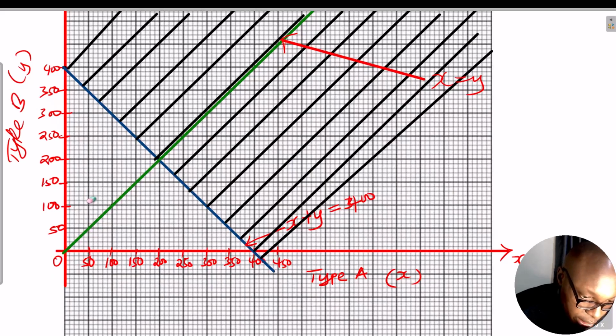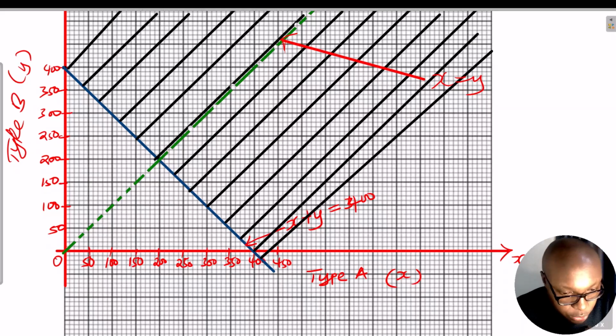To break that line, I'll simply do it like that. At least this will show you that the line is broken.